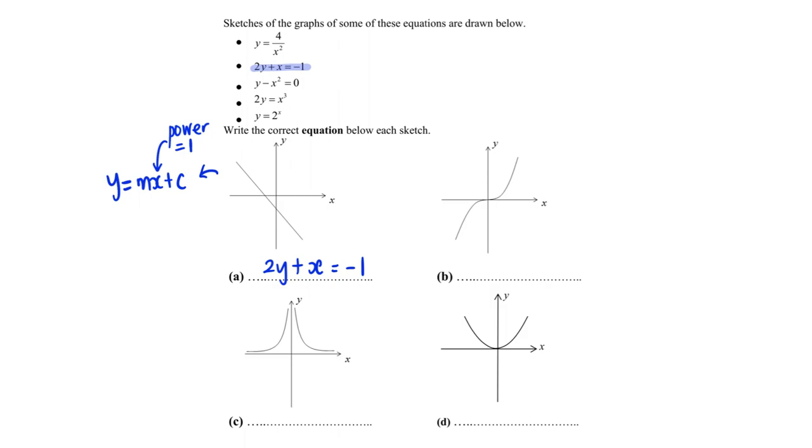For this particular graph here, the shape is that of the cubic graph. So the power is 3. As I look through the options given, there's only one particular equation that fits the bill.